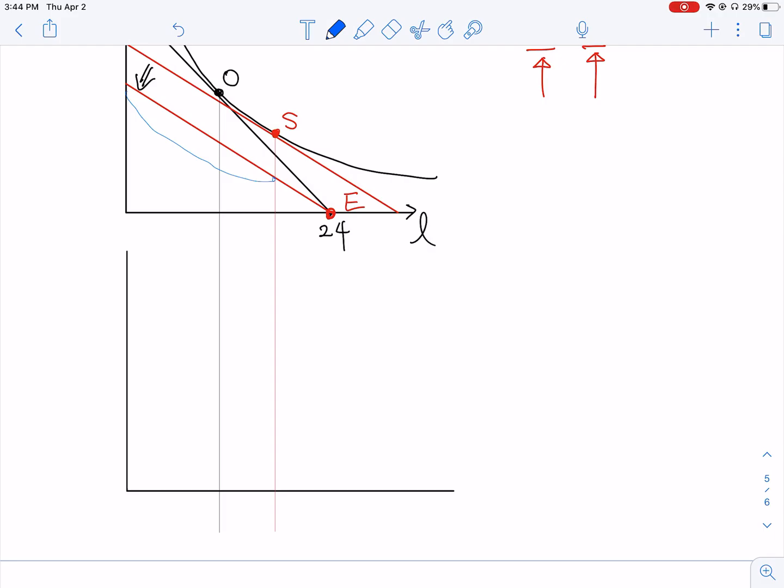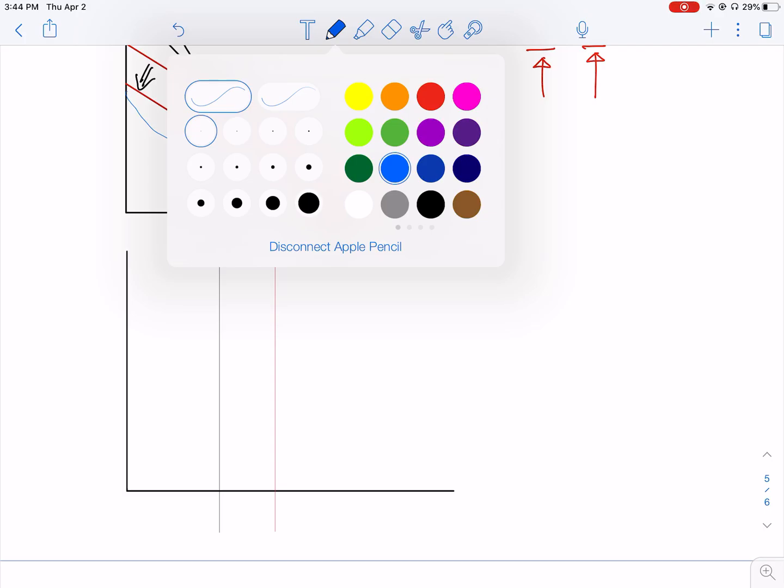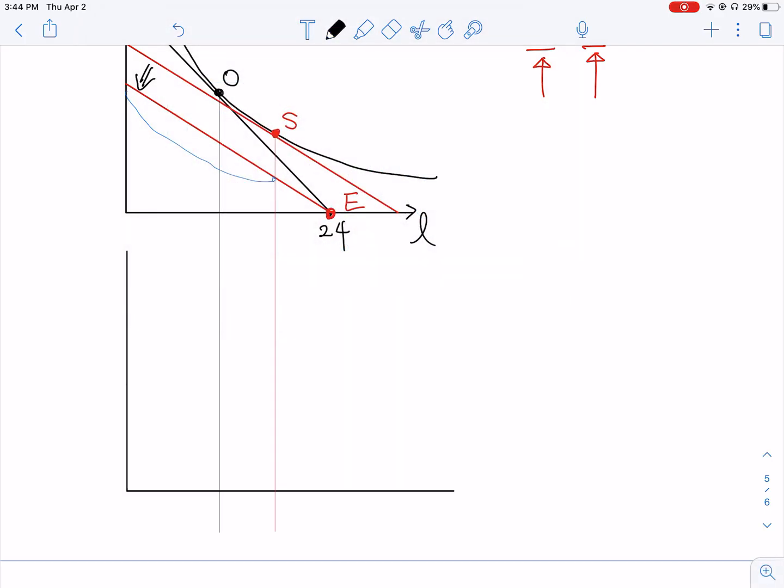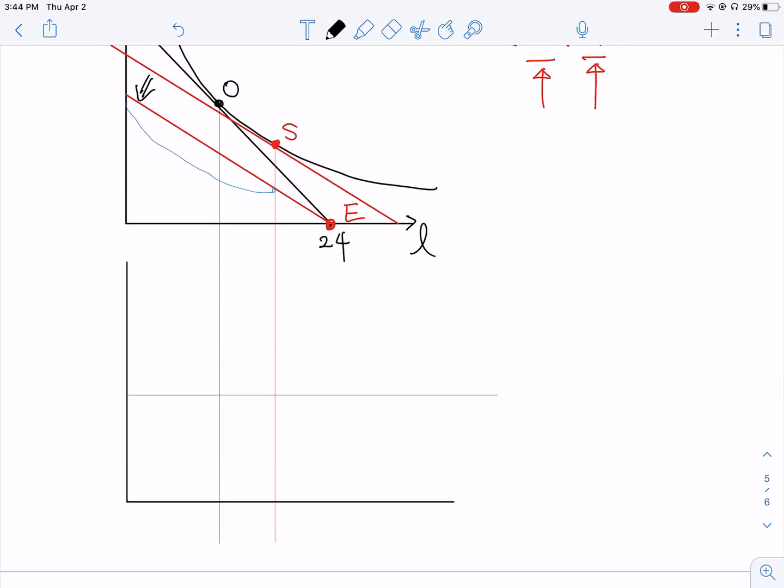So let's say the wage was $3. Now the price has gone up, so the wage has gone up to $5.